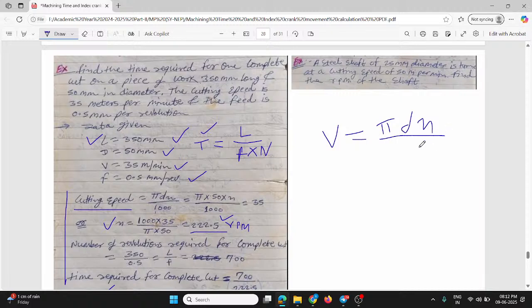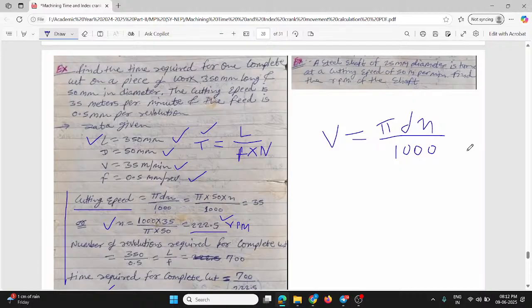So accordingly here the cutting speed is given, that is equal to 50 meter per minute. The diameter is given, that is 25 mm, and what you have to calculate is N. So very simple.